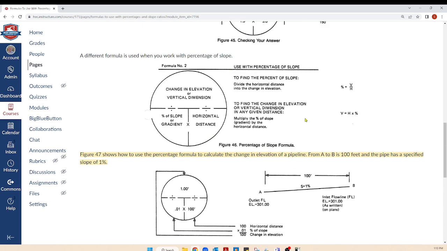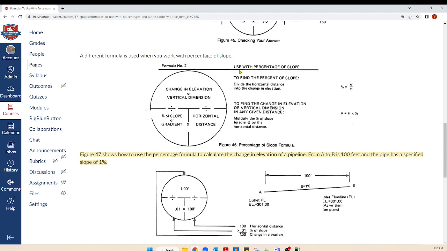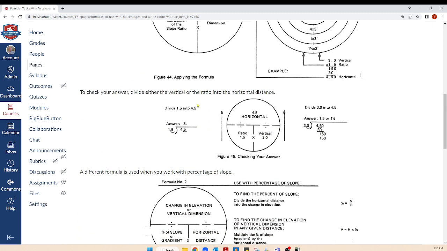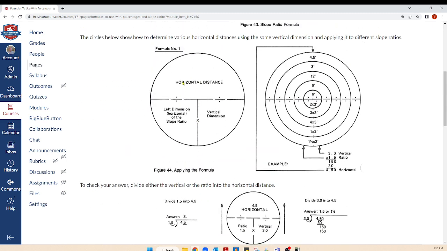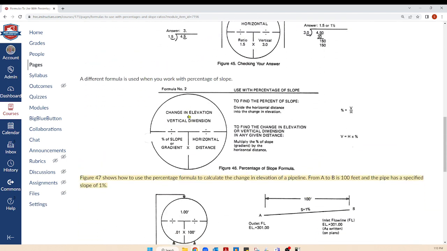Here's the percent circle. Notice the difference in percent here. See, it's got percent here, and this is ratio. Horizontal distance is in the top. Percent vertical is in the top.